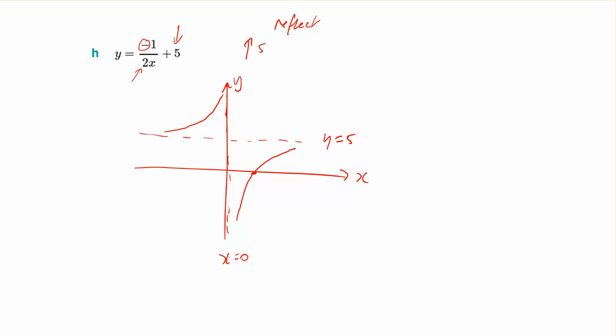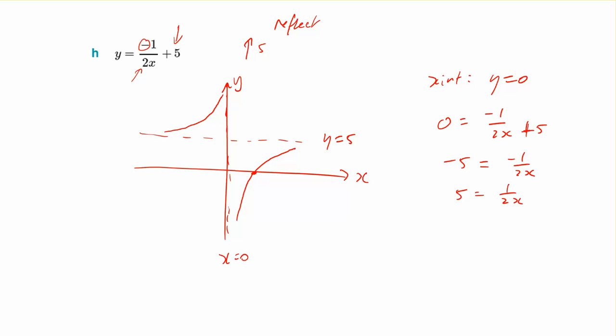So the intercept, and this will be the x-intercept, so y equals 0, so 0 equals negative 1 over 2x plus 5. I'm going to move the 5 to the other side, so it becomes negative 5. Because I have a negative on both sides, I can multiply by negative 1.